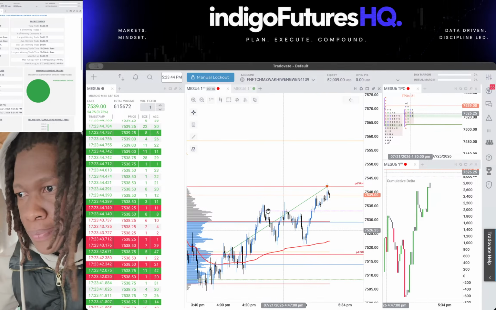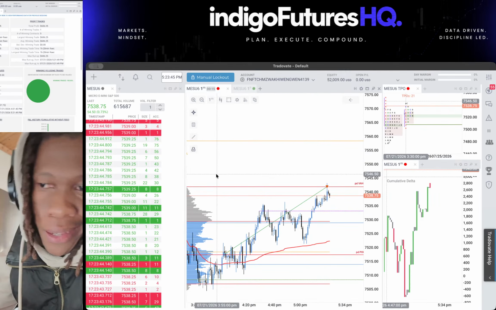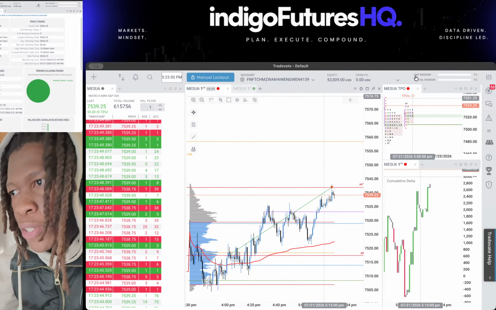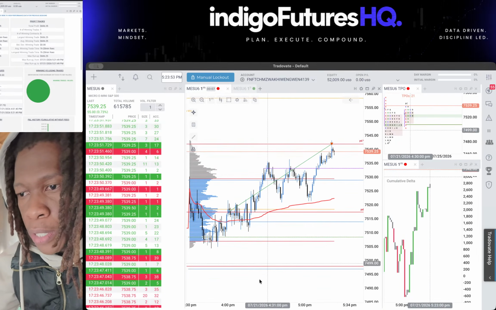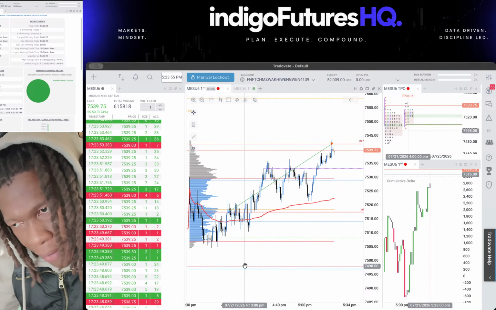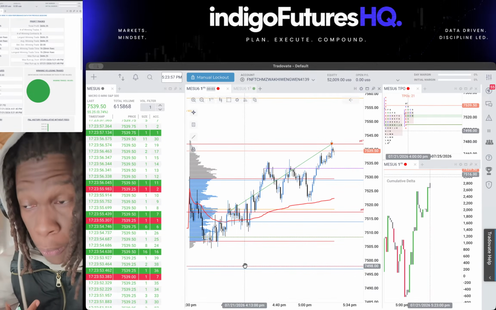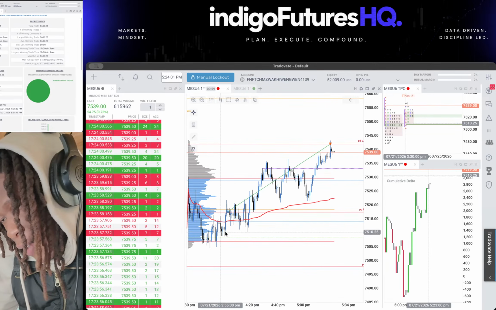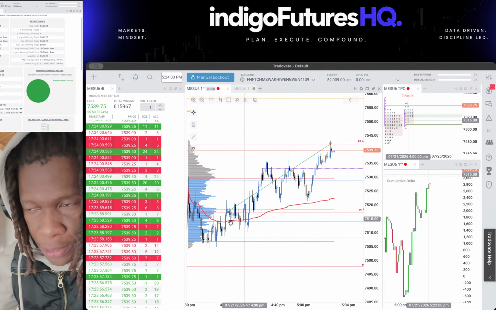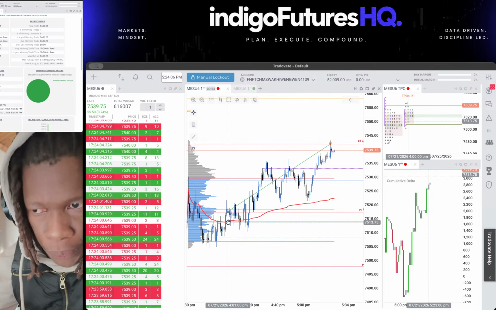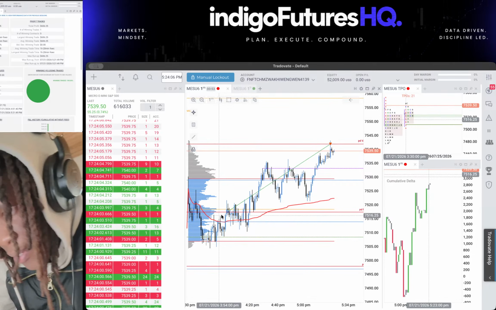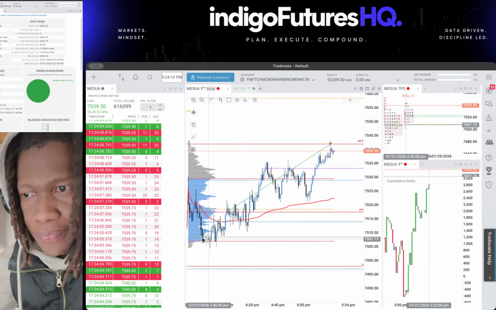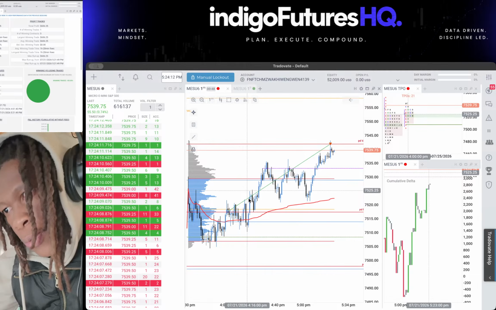Initially, remember, we were trying to get in at the previous day value area low, which I would have preferred, but as soon as we found support here and around the overnight point of control, it made sense to enter from the previous day point of control, right? Then of course we also went through a little bit of chop, but eventually it played out.